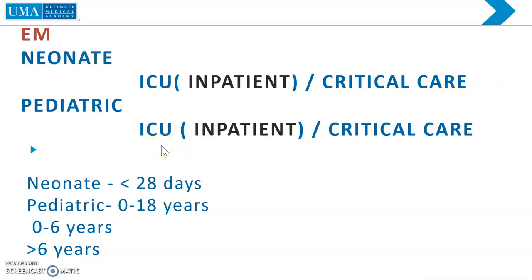If it says ICU, PICU, pediatric ICU, it's also inpatient, and critical care service is mostly happening in the emergency room. It can happen in ICU. You have to make sure judgmentally and judging it properly to see what kind of services are given and what criteria I have to choose according to the guidelines.